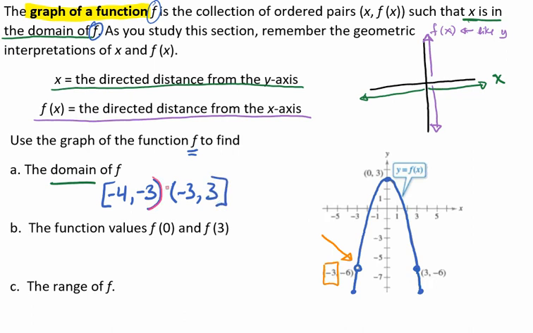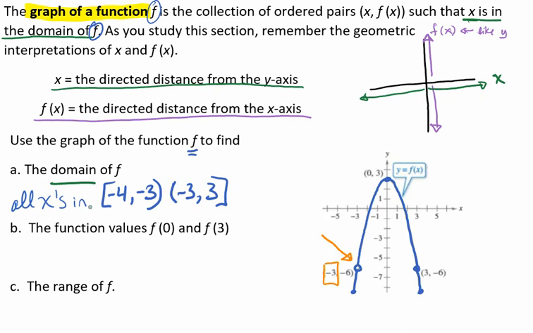By putting our parentheses here, we're showing that there's an opening, or that there is a hole there. So our domain is all of the x's in the closed bracket -4, comma -3, open parenthesis, and open parenthesis -3 to +3, close bracket.